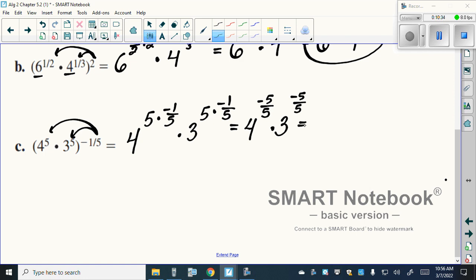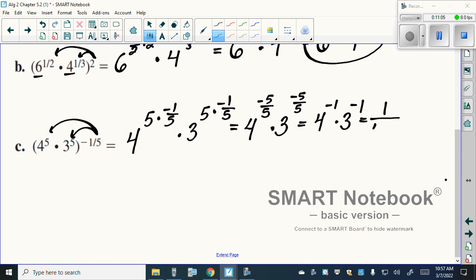Now 4 to the negative 5/5 would be just 4 to the negative 1, because a number divided by itself is 1, times 3 to the negative 1. Now we can't leave exponents negative, we have to make them positive. To make the exponent positive, we move it from the numerator to the denominator.